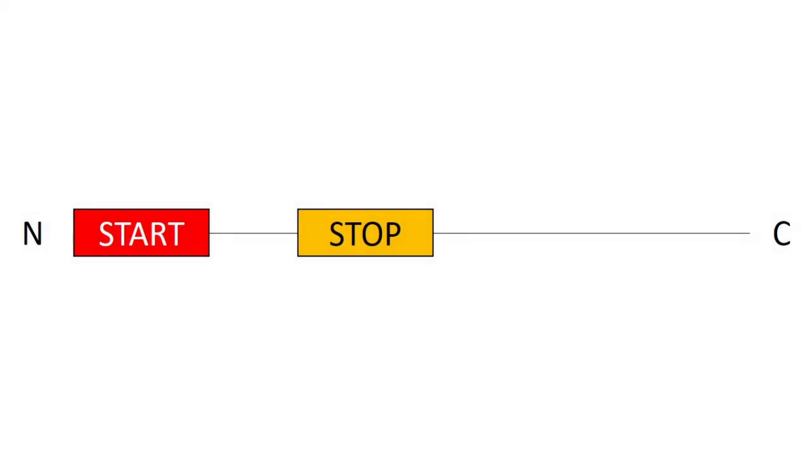The next example that we're going to cover is a protein with an N-terminal ER start signal sequence, followed by an ER stop transfer sequence. This is the same protein that is diagrammed in figure 15-16 in your book, and is also the same one that I cover as the second example in the same lecture over chapter 15.